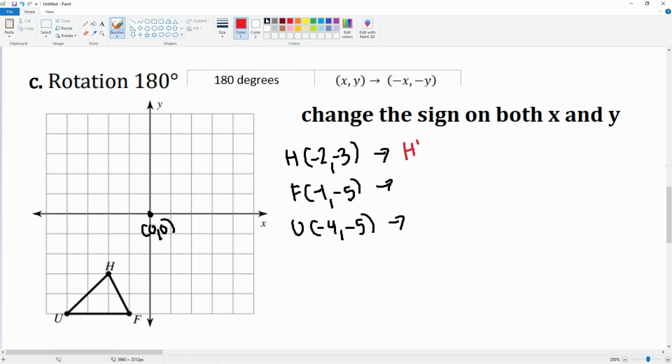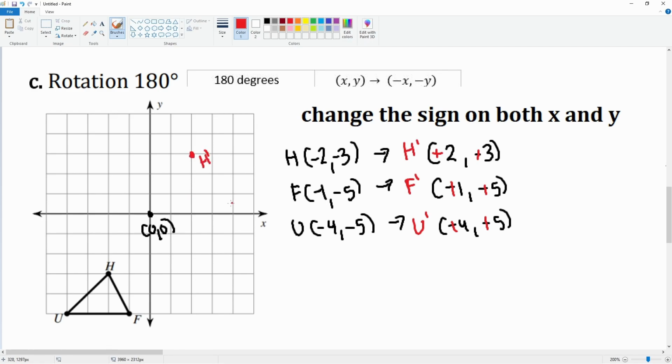So H prime, it is now just the same, but now they're all positive. Okay. All right. F prime, it is the same as before, but now they're all positive. Negative becomes positive. U prime was originally negative, so now they're all positives. All right, so let's just graph it. This is H prime.